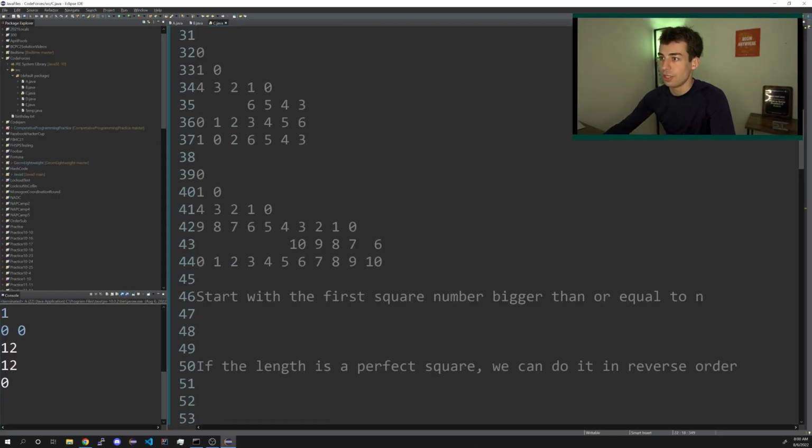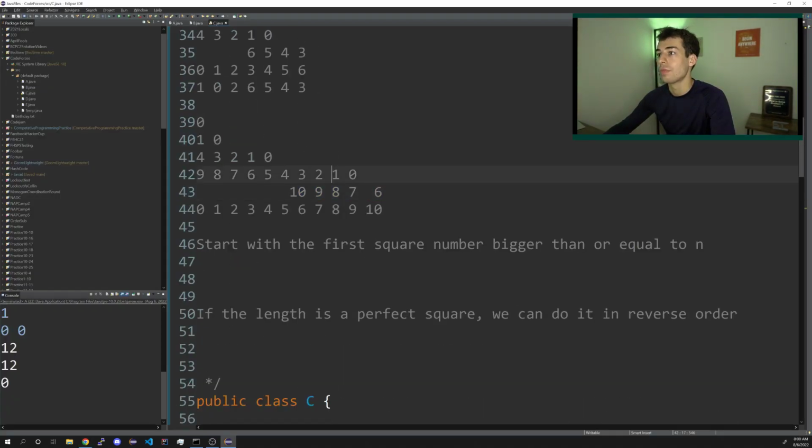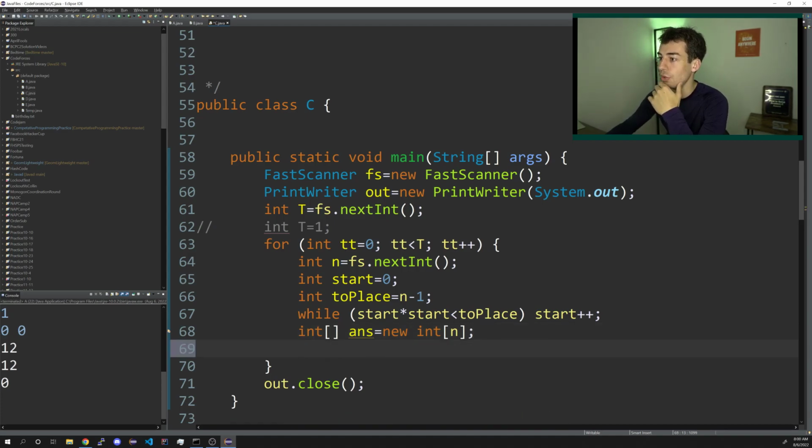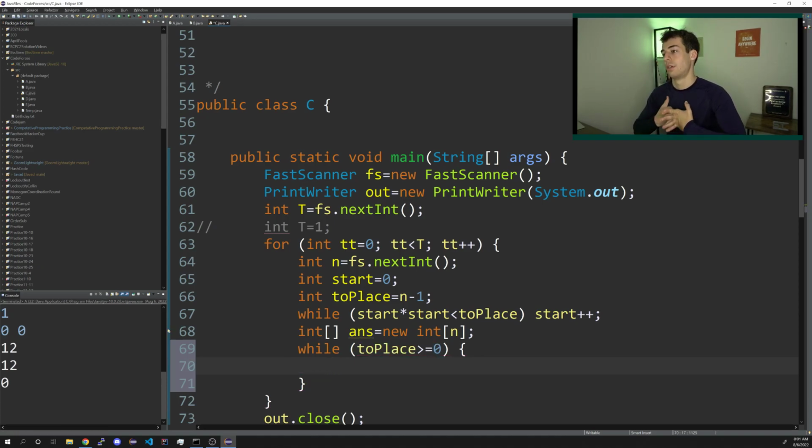Okay, so we have this, so we just need to do it now. While start is less than or equal to to place, then start plus plus. Now we have this. Okay, so we need to keep placing this as long as to place is greater than or equal to 0. Int per index.